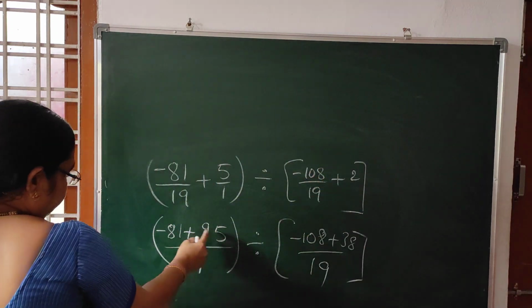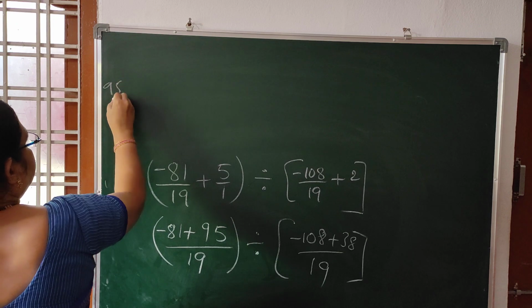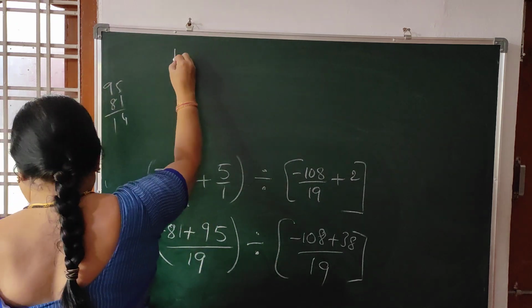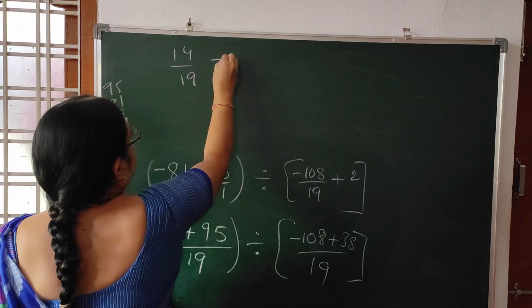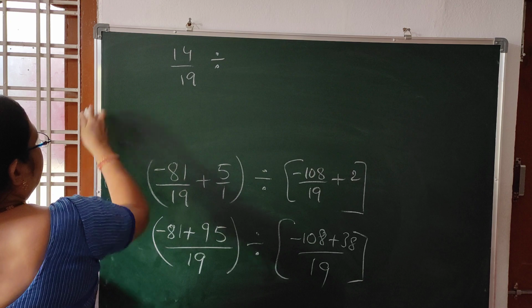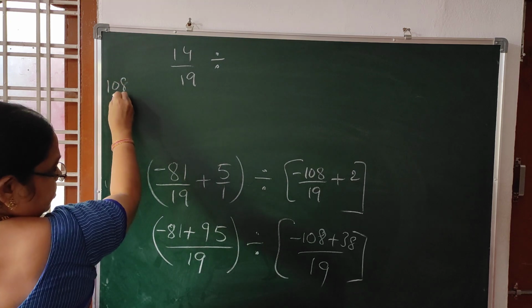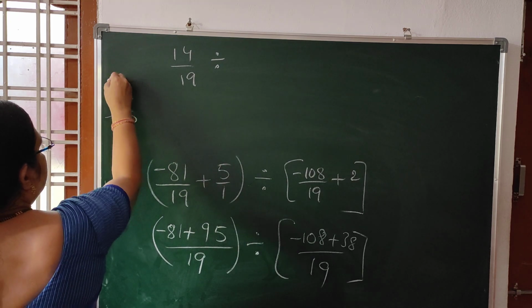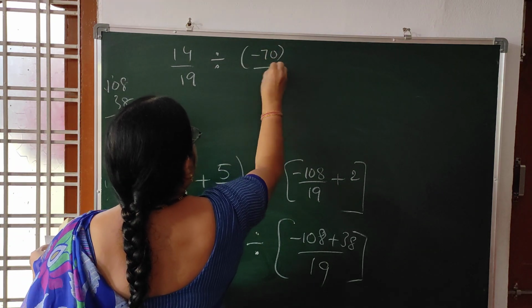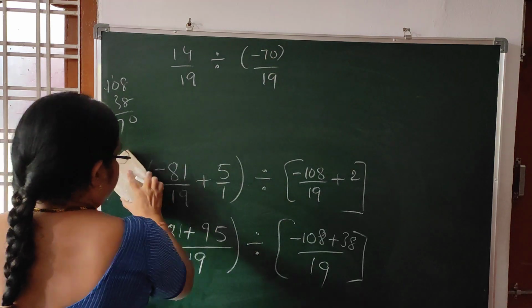So 95 minus 81 is 14. So 14 by 19 divided by minus 108 plus 38 is minus 70, so minus 70 by 19.